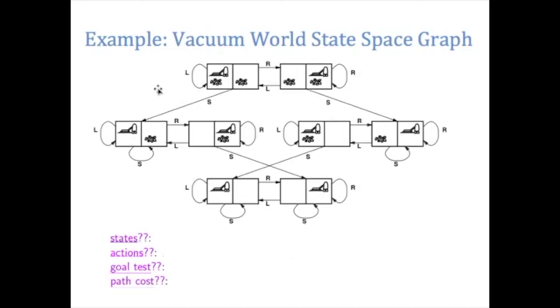So let's go through and see if we can characterize this particular state space. So the states, well, they have integer dirt and robot locations. In other words, it's either dirty or it's not, 1 or 0, and the location is either left or right. So that could be 1 for left and 0 for right, and so forth.